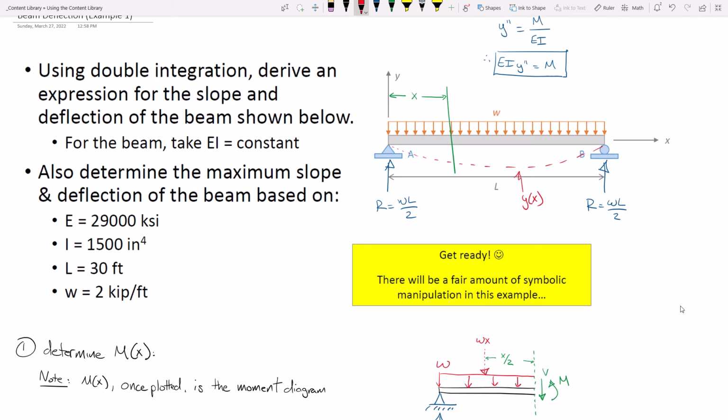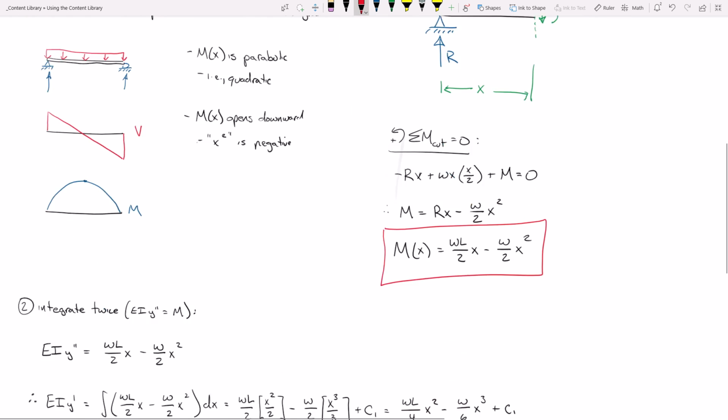Are there any values on the function? No? What are they? The deflection at A and B are 0. Now, what are the x coordinates at A and B? X equals 0 and x equals L. Okay, so those are our boundary conditions.